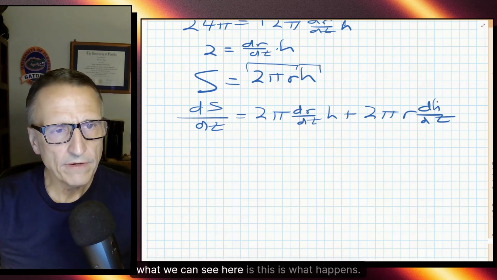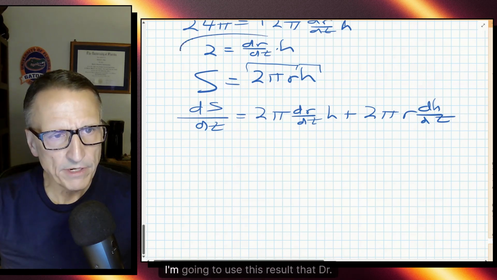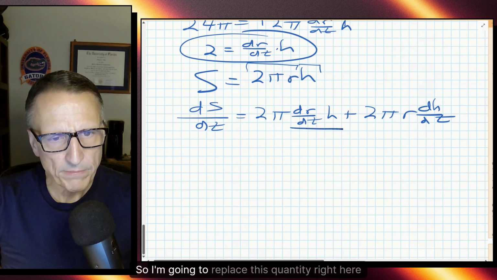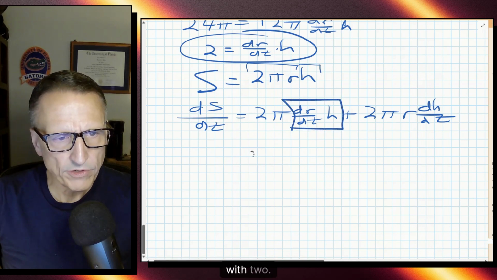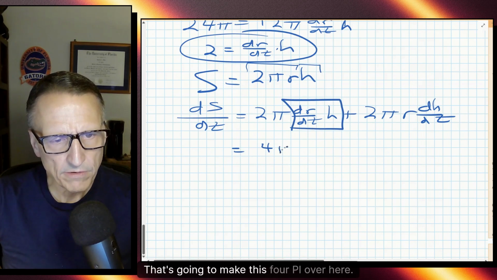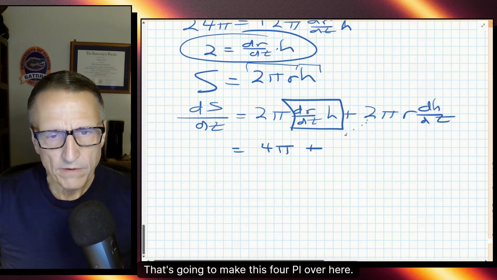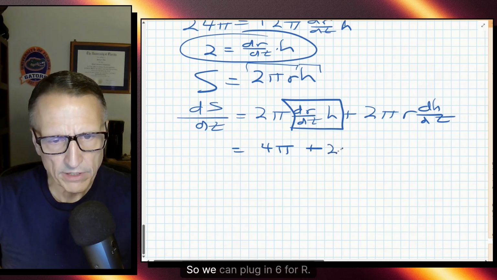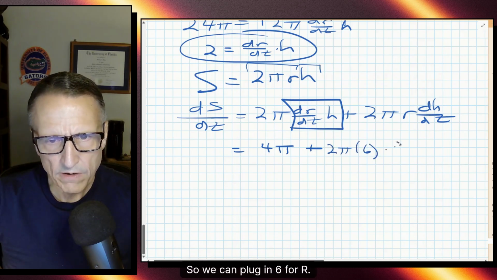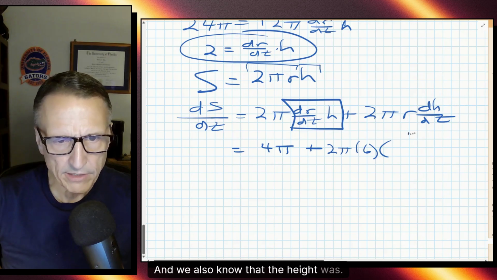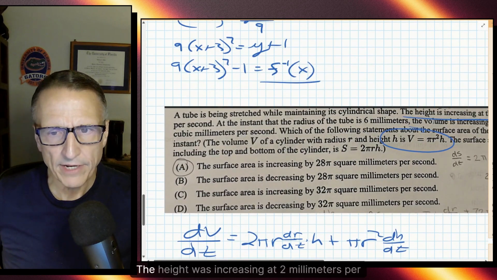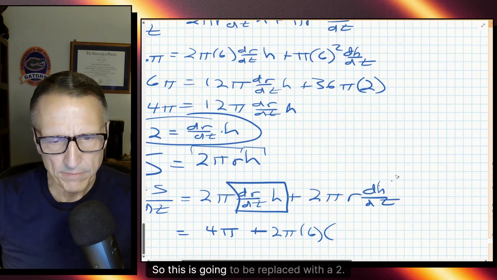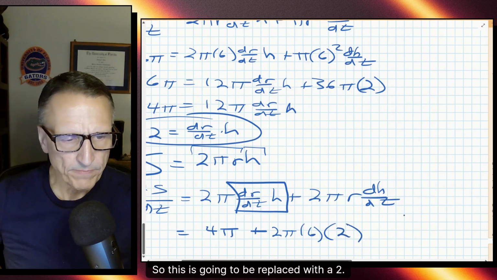Now, what we can see here is I'm going to use this result that dr/dt times h is 2. So I'm going to replace this quantity right here with 2. That's going to make this 4 pi. Over here, we know that we're talking about the instant that the radius is 6, so we can plug in 6 for r. And we also know that the height was increasing at 2 millimeters per second, so this is going to be replaced with a 2.